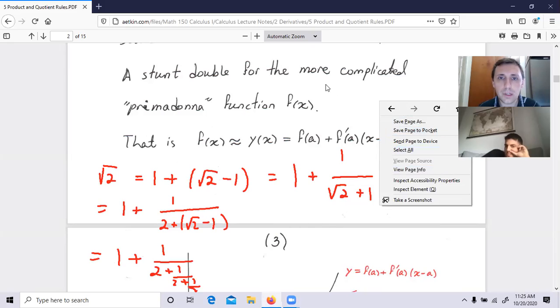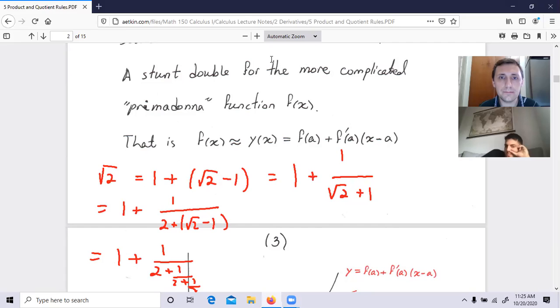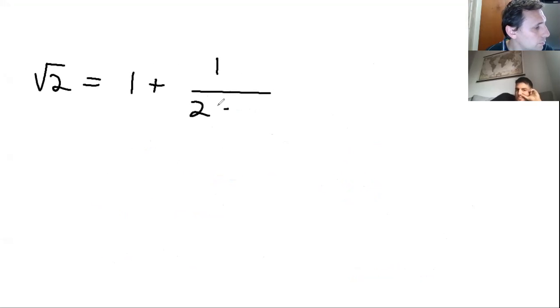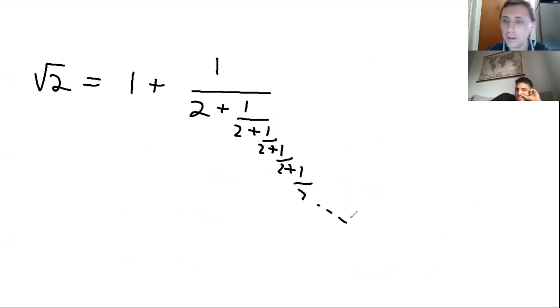So let me erase this. My solution to root of 2 would be this, guys. Root of 2 equals 1 plus 1 over 2 plus 1 over 2 plus 1 over 2 plus 1 over 2, and so on forever. And is this any use to us?